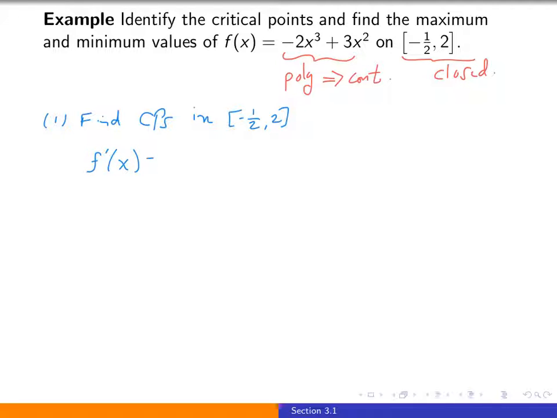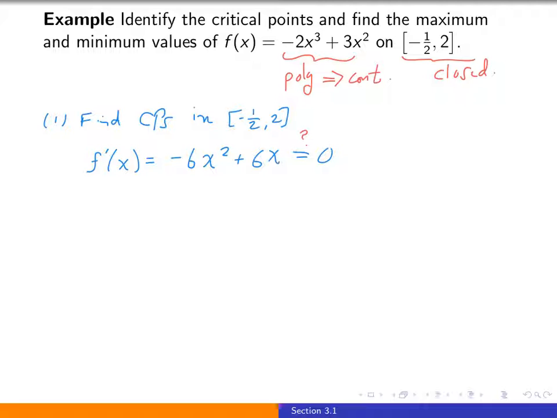So working term by term, f prime of x by the power rule is going to be -6x squared plus 6x. And what we would like to know in terms of the critical points is where is that first derivative equal to 0. And I put a question mark over the equal sign just to indicate I want to solve where this thing is equal to 0.